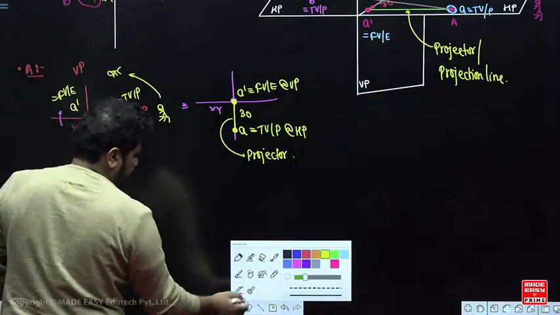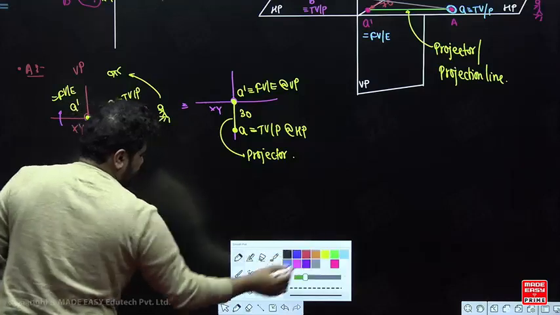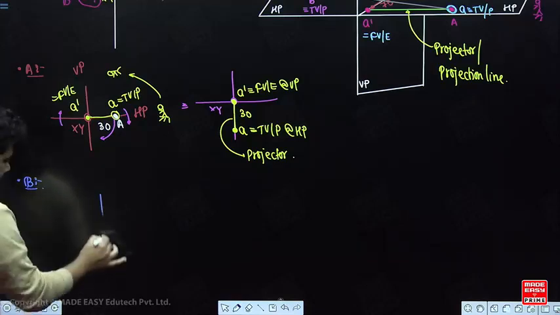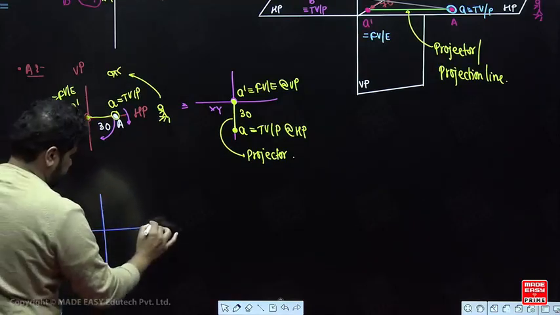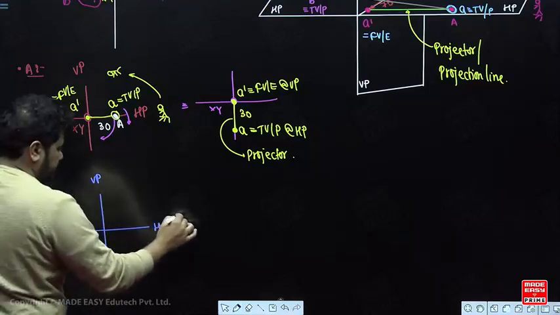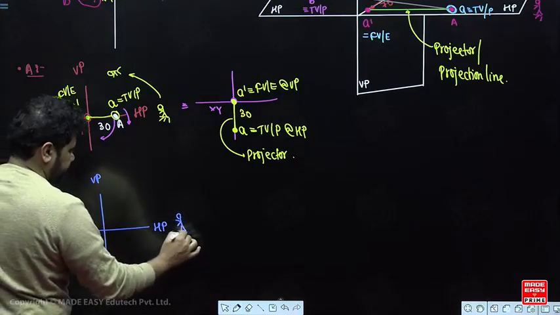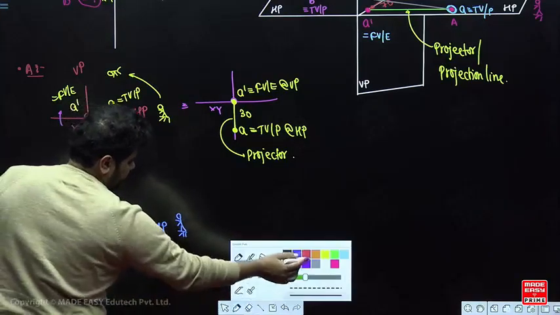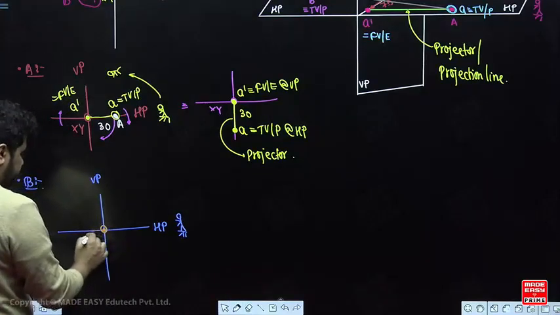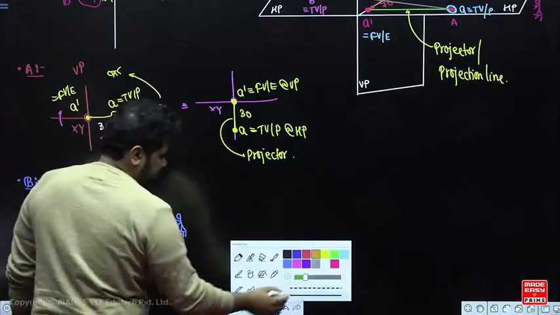Now if I talk about B, this is HP, this is VP, isn't it? Here is the observer. So this point is your XY, right.